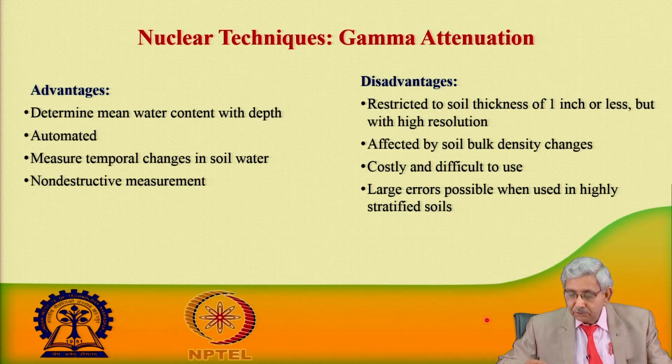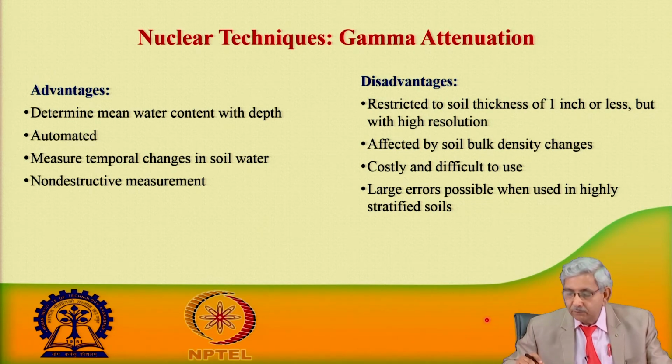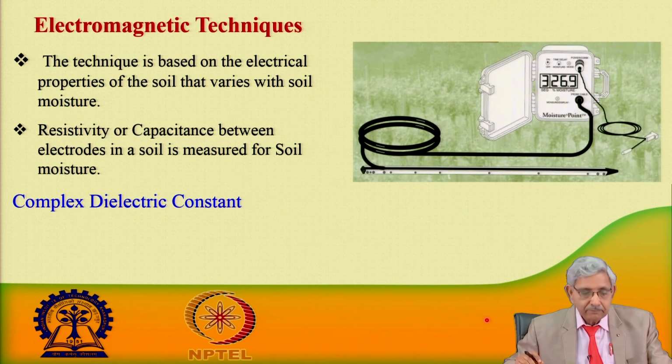It is restricted to soil thickness, meaning for shallower depth, the thickness of 1 inch or less, but with very high resolution data are obtained. So, if someone wants data of less than 25.4 mm, then one can use this particular device. It is affected by the density of the soil. When it changes, then the observations are affected.